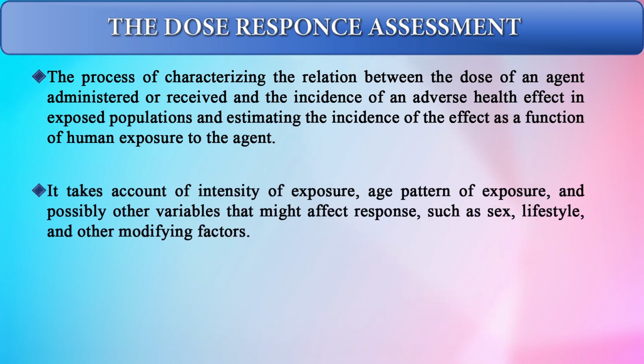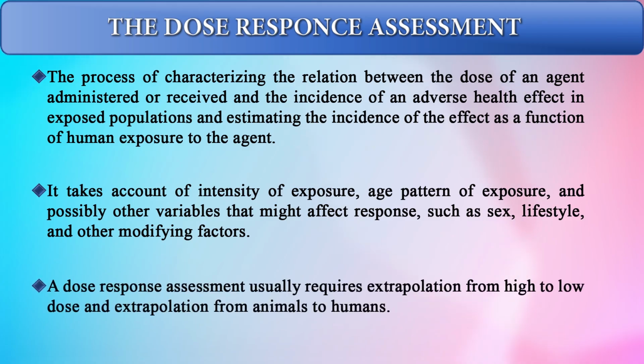It also takes account of the intensity of the exposure, age pattern of the exposure, and the possibility of other variables that might affect response, such as sex, lifestyle and other modifying factors. A dose response assessment usually requires extrapolation from high to low dose and extrapolation from animal to human.